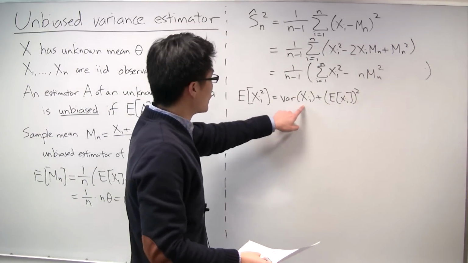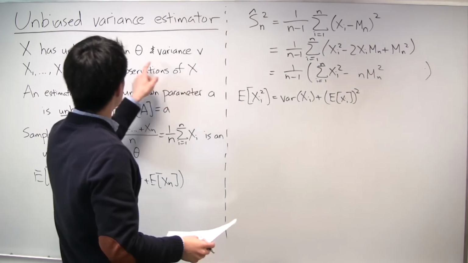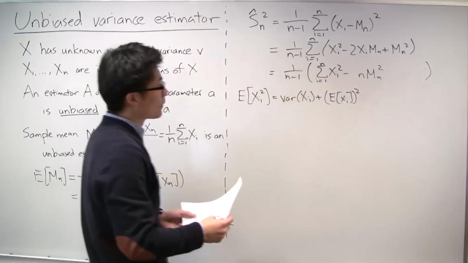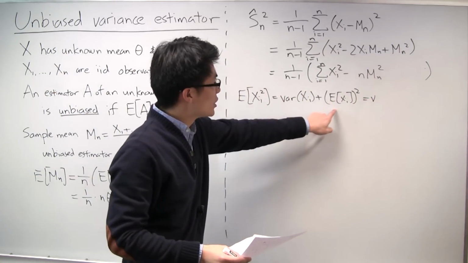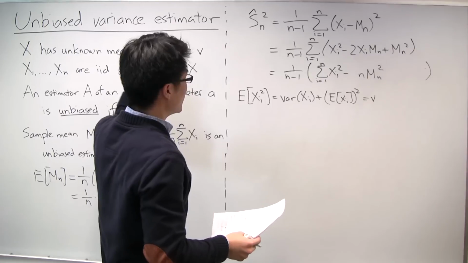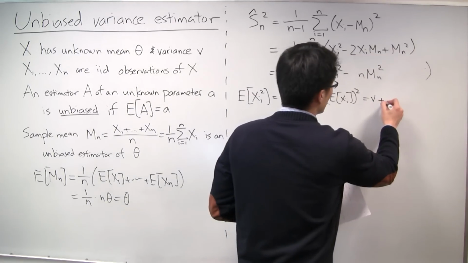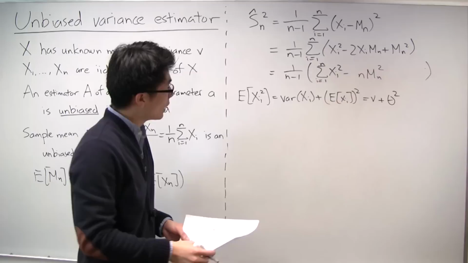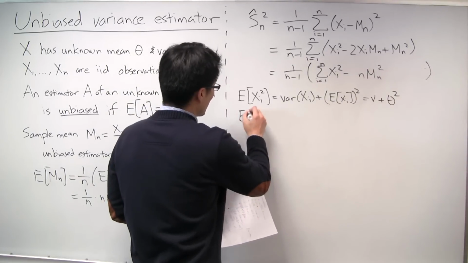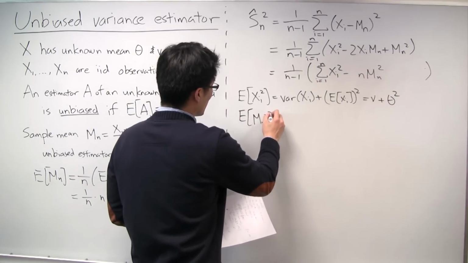Now, what is the variance of xi? The variance of xi is v. What is the expectation of xi? The expectation of xi is theta, and we square that, so we get that this is equal to v plus theta squared. What about the expectation of mn squared?